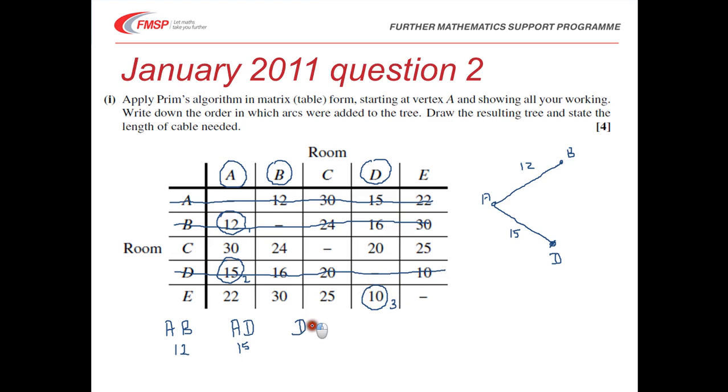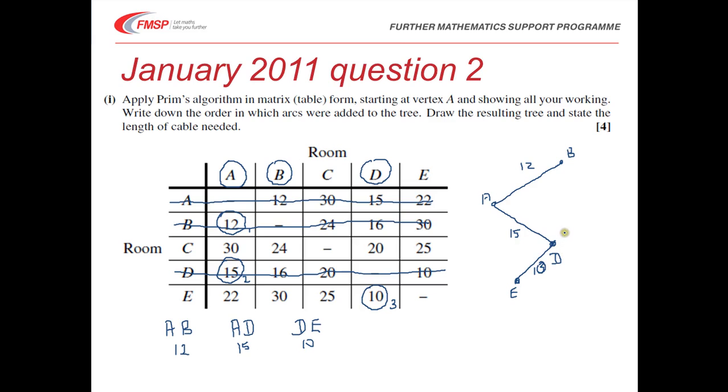So I'm going to bring that in next. So DE, I'll just put down here. Remember, it doesn't matter too much what your tree looks like. The important thing is that we're connecting up the right nodes. And that should be a 10.